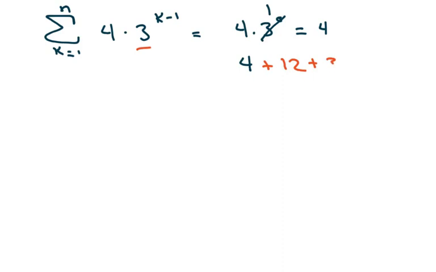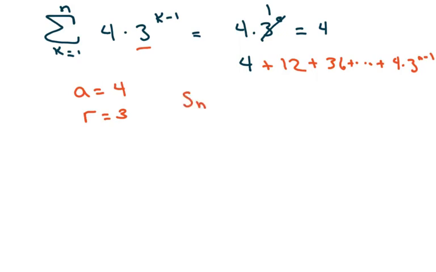Multiply that by 3, you get 36. And then you go all the way down, dot, dot, dot, you go to 4 times 3 to the n minus 1. So your first term is 4, your r is 3, this is in kind of standard form here, and we're just going to use our formula.